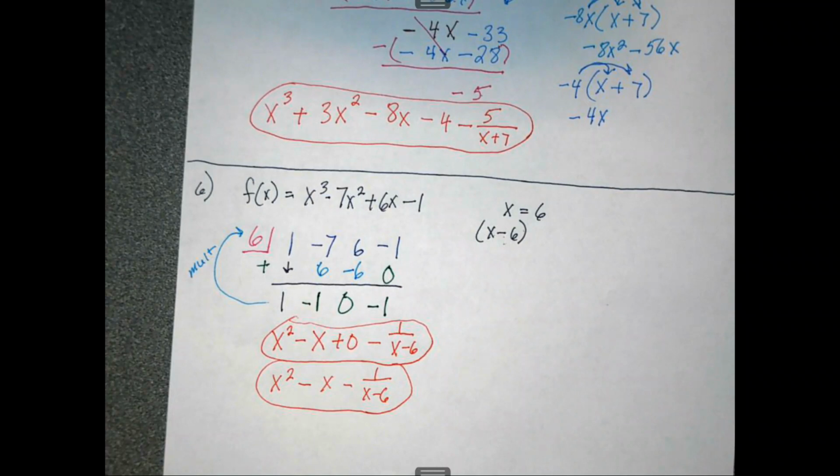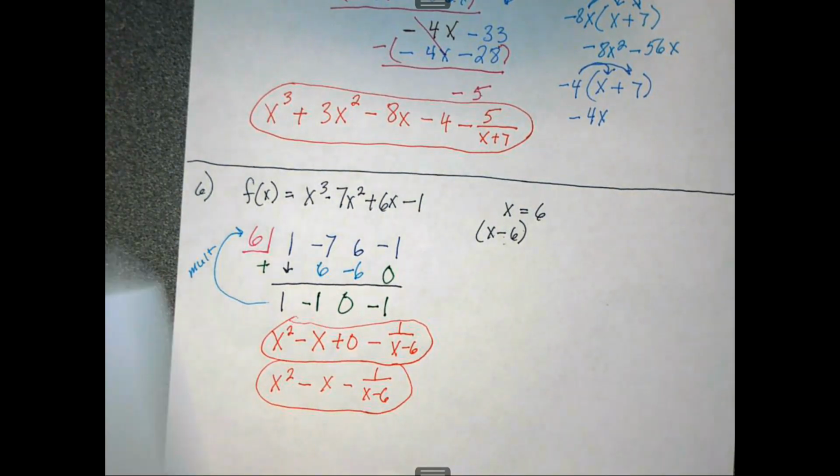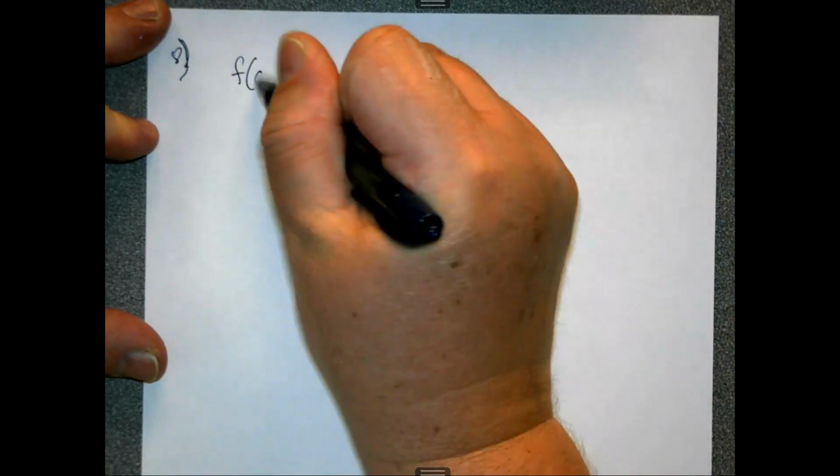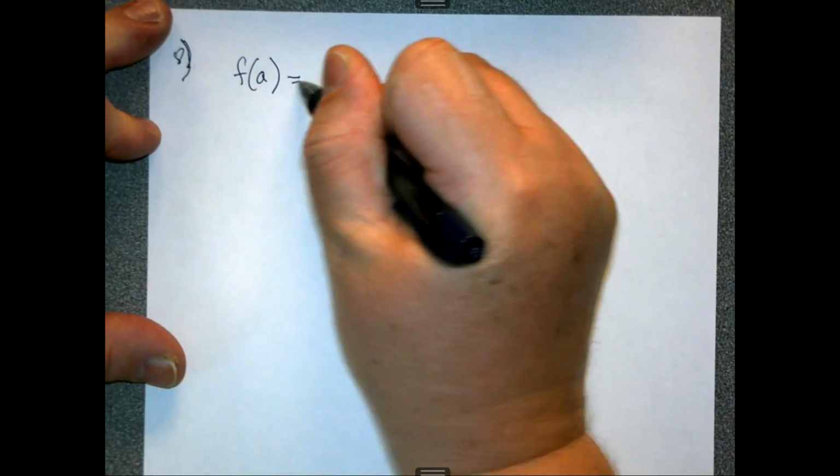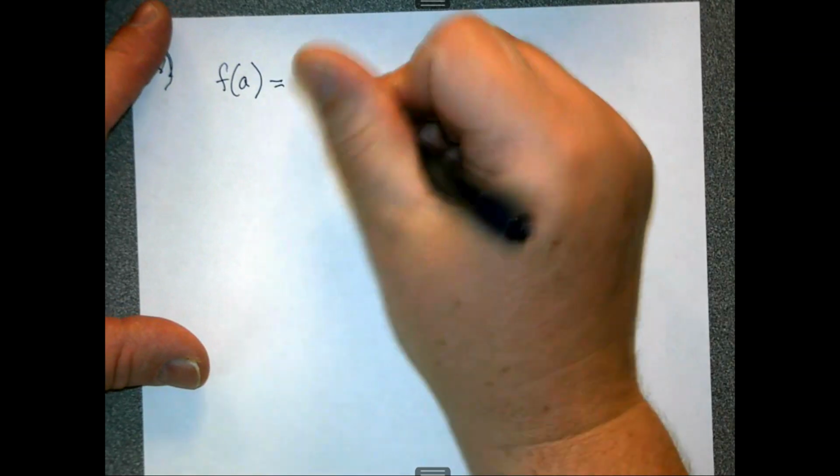Okay, let's do number 8, and then you guys will be off on your own. Number 8. Okay, the f of a, and if you guys want to use x, that's fine too. Kind of used to x myself.